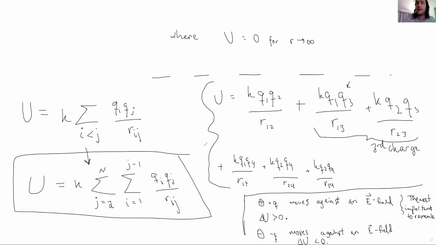I think now we're ready to tackle electric potential. We've gone over electric potential energy now. So what is electric potential? I'm going to go ahead and clear some space here.